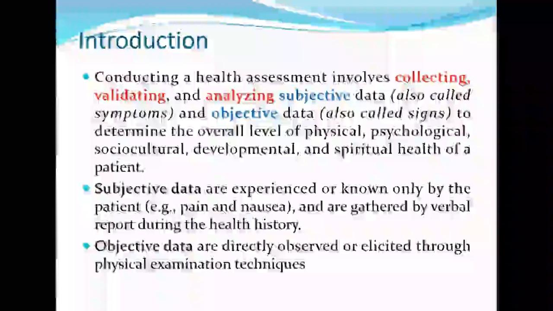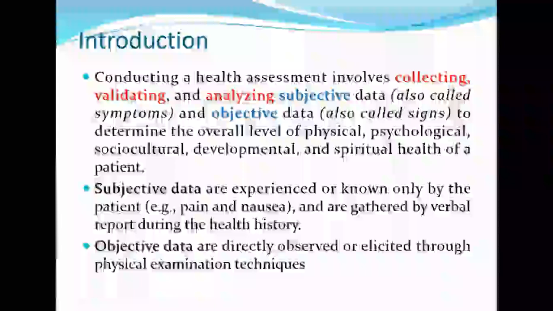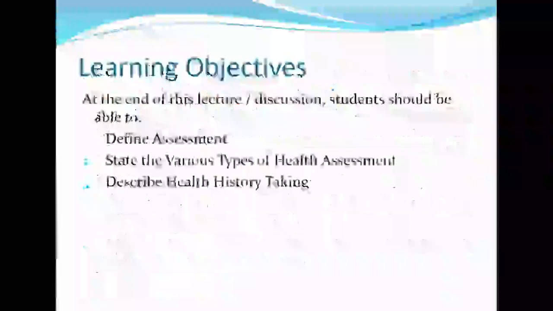That is a sign because you, as the health practitioner who is examining this patient, have seen that on the patient. So what you see on the patient is a sign. What the patient tells you is a symptom. And symptoms are part of subjective data. Signs, objective data. I hope that is clear.